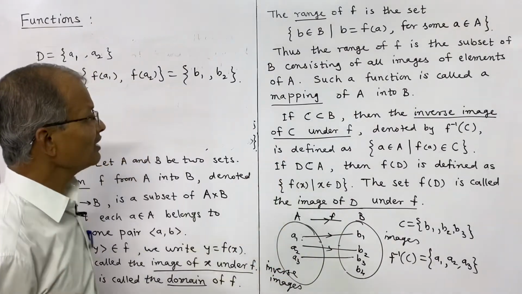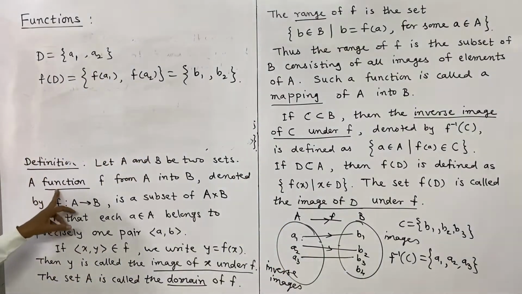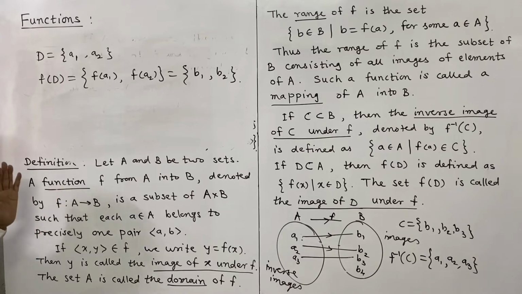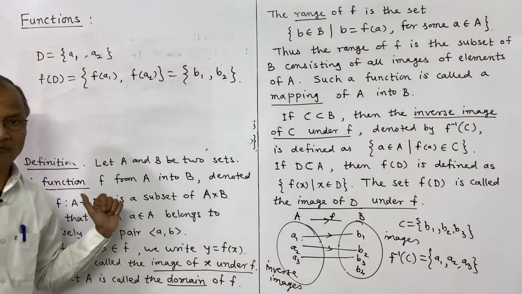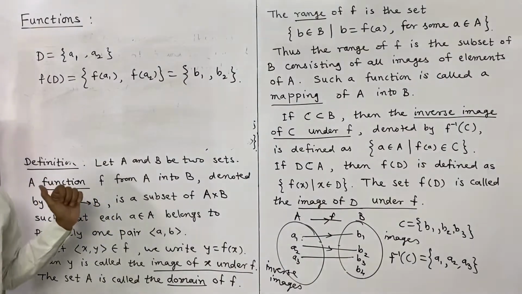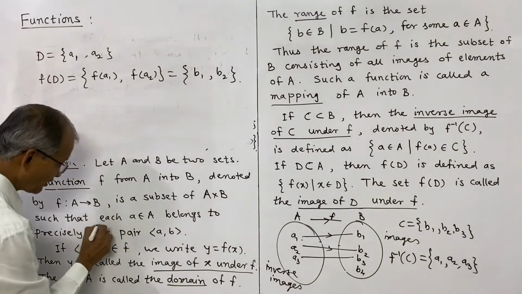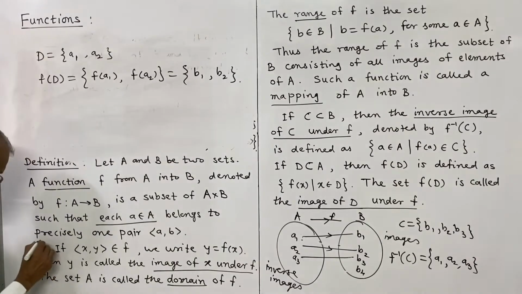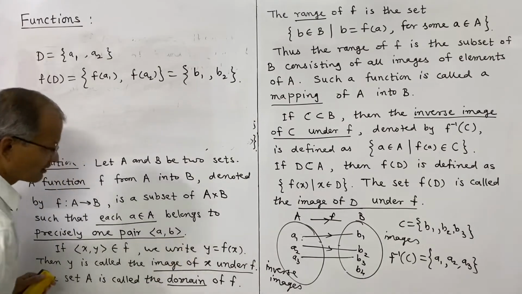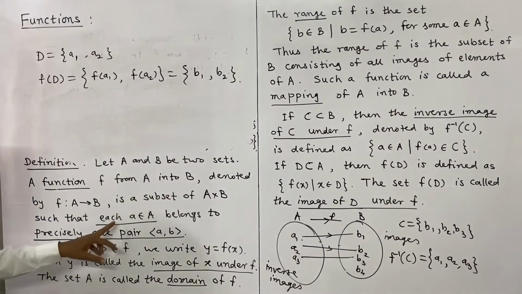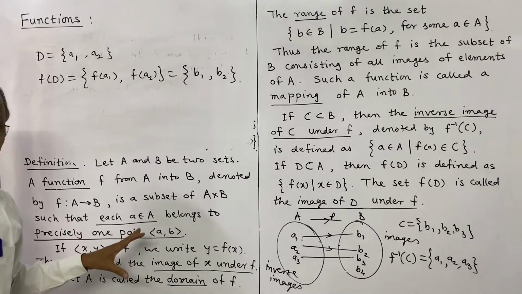So this is the meaning or definition of a function. It is a subset of ordered pairs A cross B, but not all subsets of ordered pairs of A and B will be functions. The only condition is that each a belonging to A belongs to exactly one pair (a, b). Such ordered pairs will form a function.